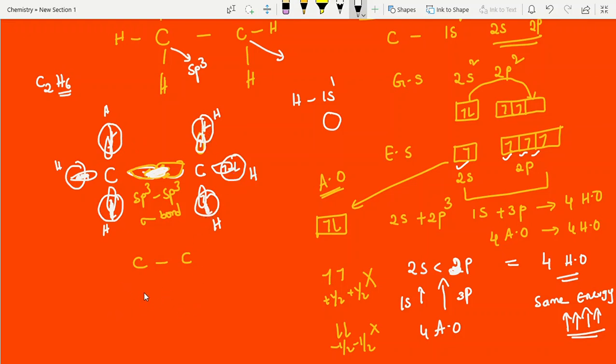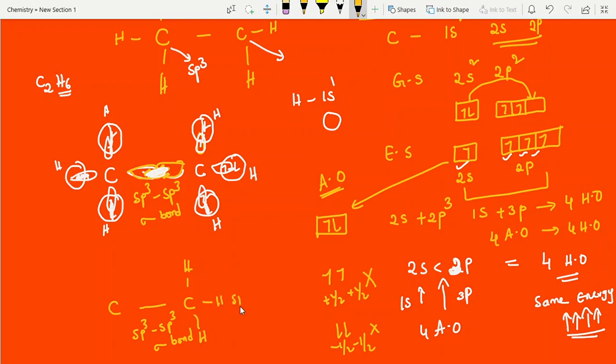Finally, what is the bond here, students? See, I am drawing the structure once again. Between carbon and carbon we have a single bond. What is the single bond name? sp3-sp3 sigma bond. Okay, and here three hydrogens, 1, 2, 3, right?